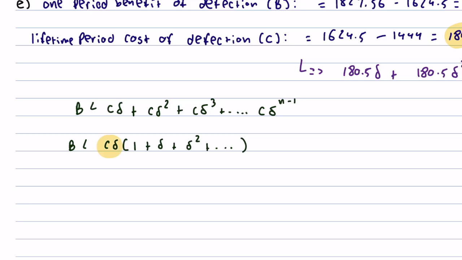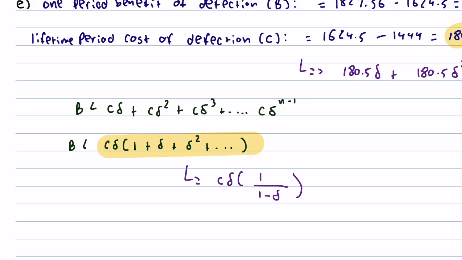So we know that the benefit must be less than this function right here. But is there another way we can write this function? It turns out there is. This function is going to be equal to the cost delta times 1 over 1 minus delta, where delta is the discount factor.